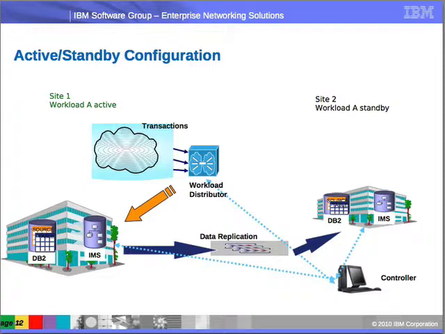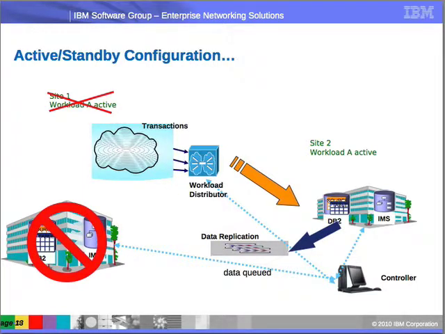So we need to ensure that all transactions for a workload only flow to one site at a time. In this case, the workload distributor is saying the active site for workload A is site 1, so all transactions go to site 1. Now we have software-based data replication that will take those updates applied in site 1 and send them over asynchronously to site 2, where they get applied there.